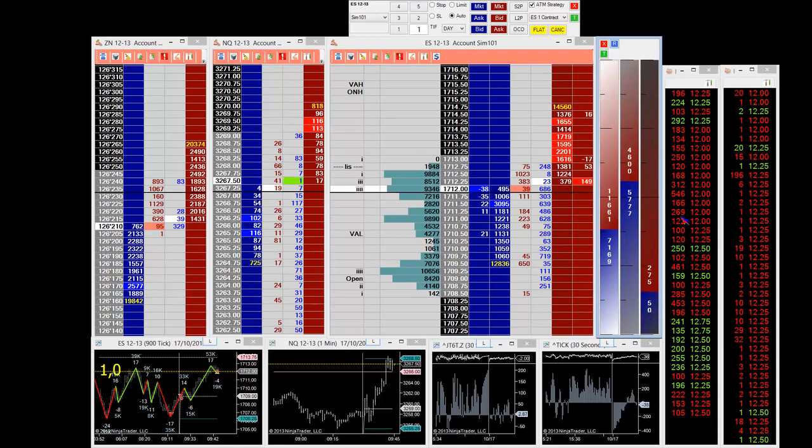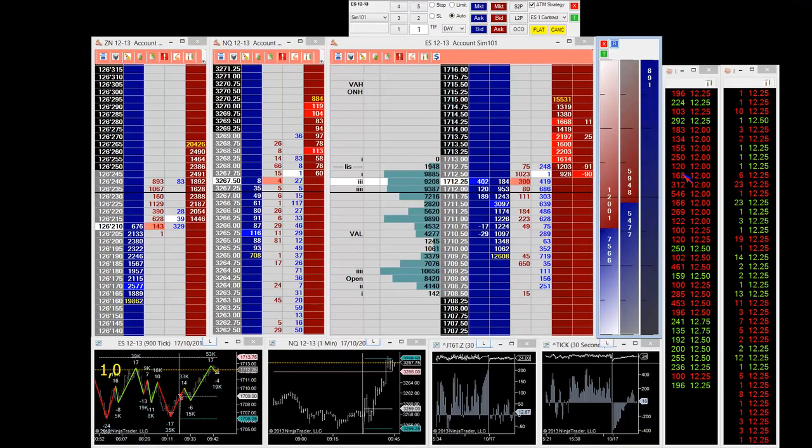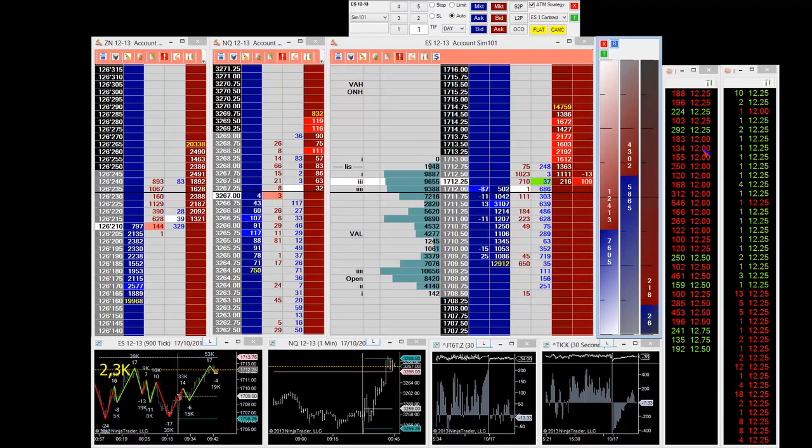And what we can see if we look at that, from 12.25 down to 12, we had a whole series of large trades hitting into the market, large sell market orders, and the market could not move down. Okay, so if you're in a short position and you see this, you see all of these sell market orders, but price doesn't move down a tick, those sellers are getting trapped.